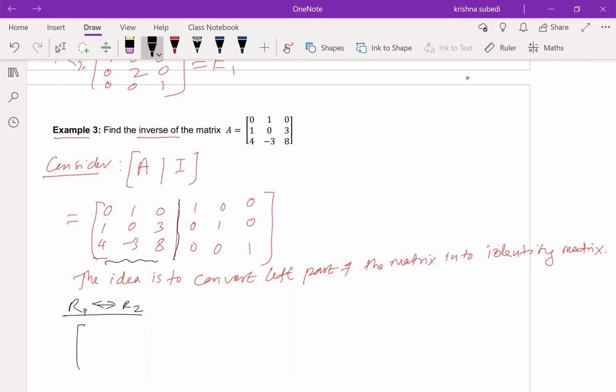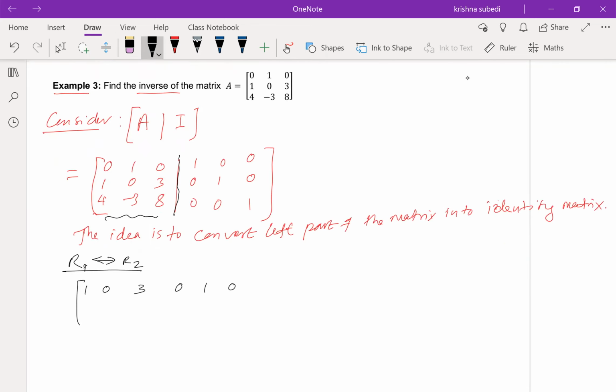Then you're going to get 1, 0, 3, 0, 1, 0. You need to change the whole thing on the right-hand side as well: 0, 1, 0, 1, 0, 0.